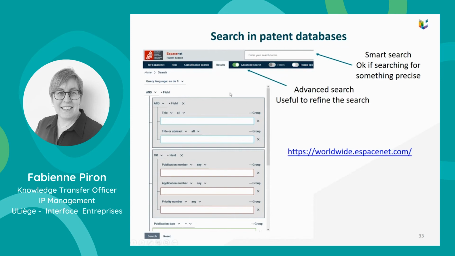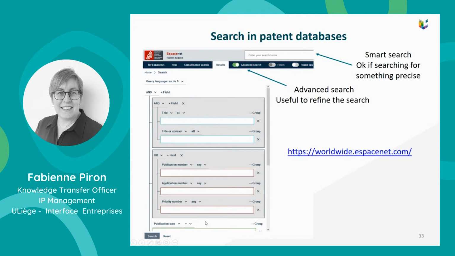Firstly, you have the smart search, which is usable if you receive, for example, a reference number of a patent, or if you want to search the patent filed by an inventor or by a company. Use this smart search with only one word or one name, or perhaps a simple combination of keywords. Then you can begin by using this smart search. And then after that, when you receive the results, use the advanced search.